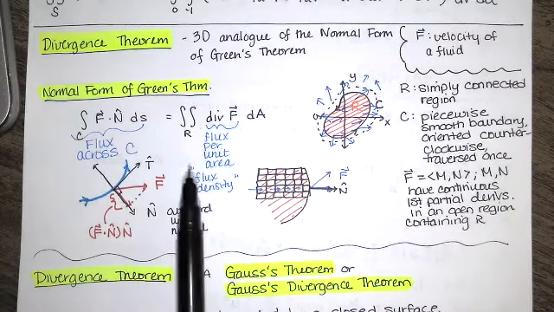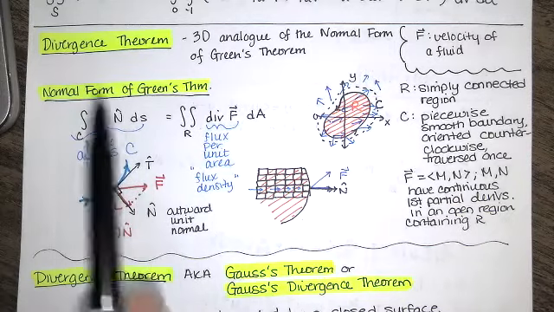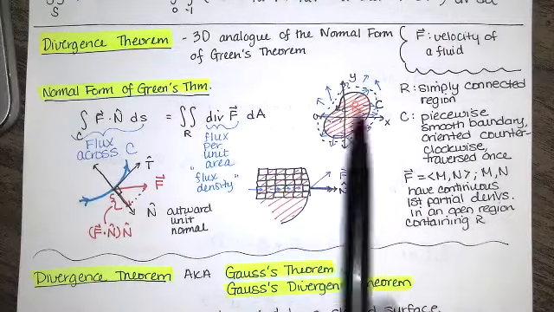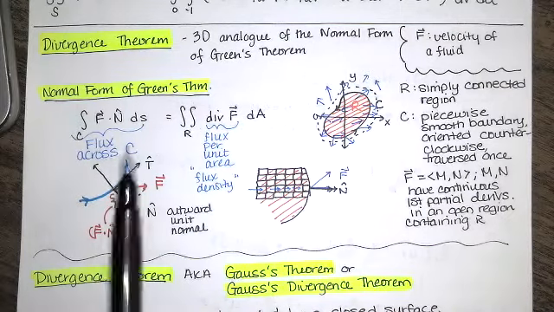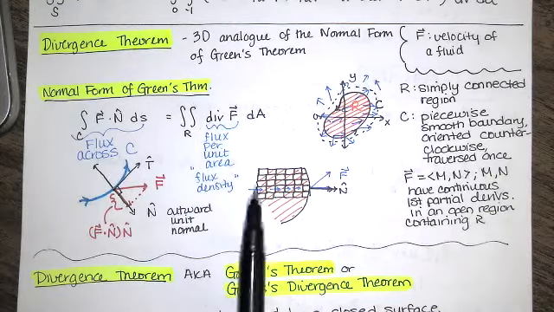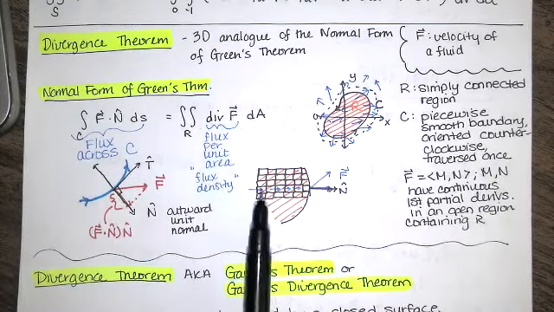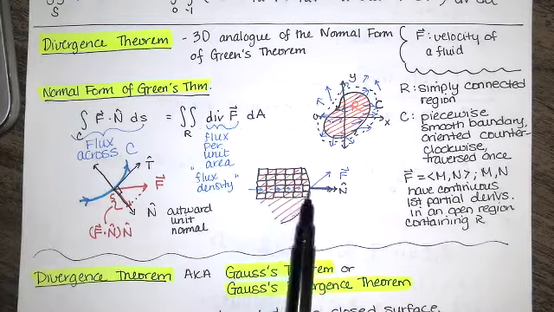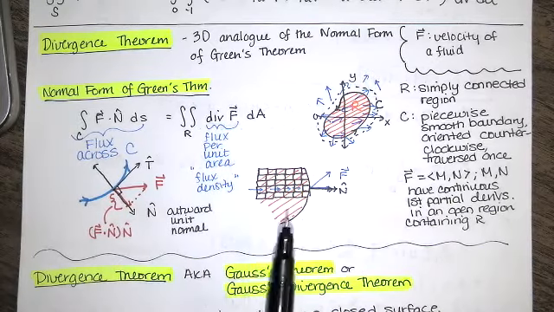But here's the idea. We're saying the flux across C, the amount of fluid that's going out of that boundary on the outside for C, I can find by doing this instead. I'll calculate the divergence, our measure of how much the fluid is diverging at a certain location, multiply it by dA, and then add all of those together.